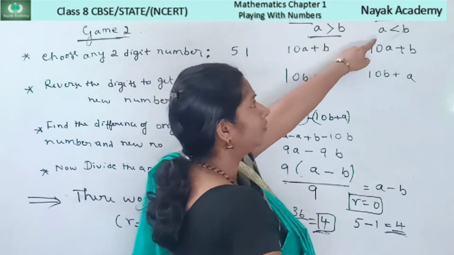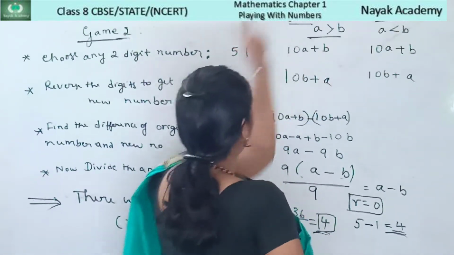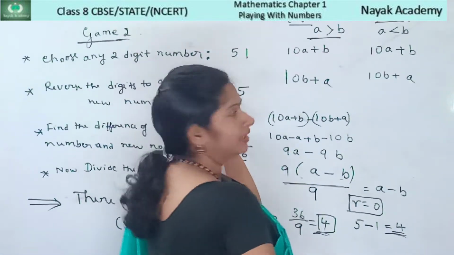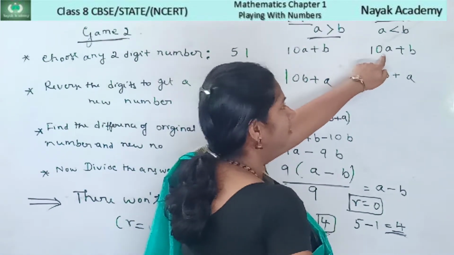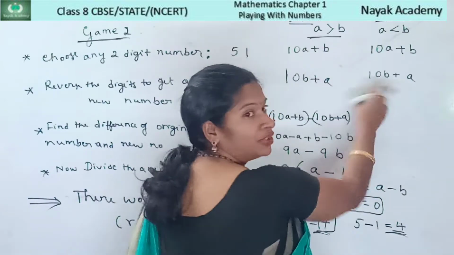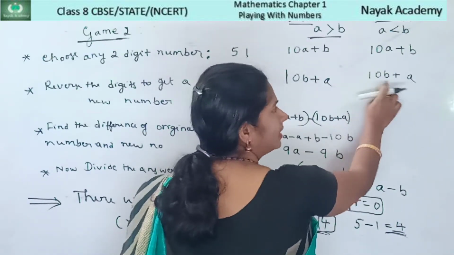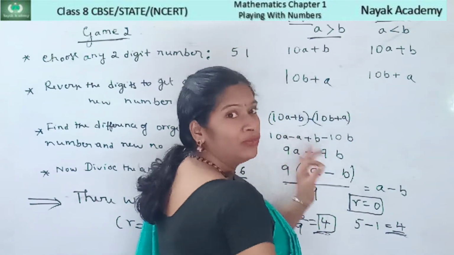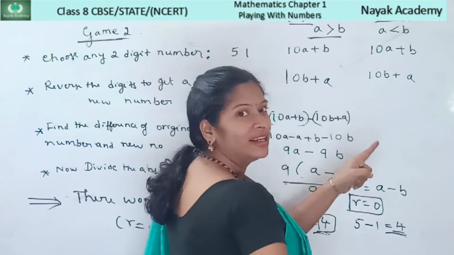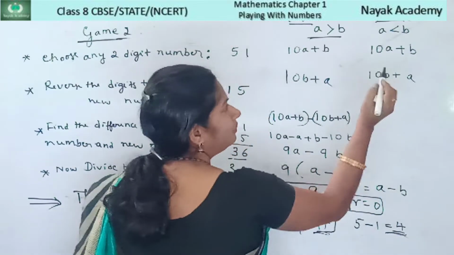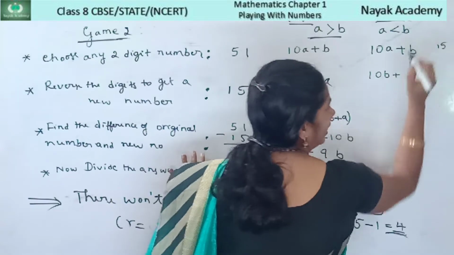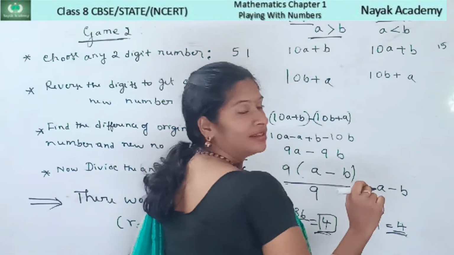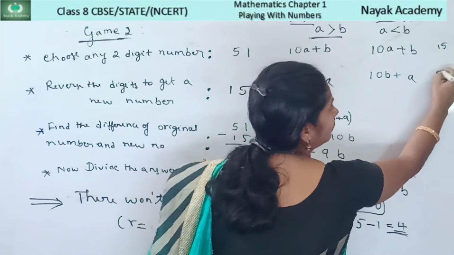Now case 2, if a is less than b. Now if you choose the number as 15, then what happens? The two-digit number is 10a plus b, and if you reverse the digits, then the number is 10b plus a. Now always we have to subtract the smaller number from the bigger number. If you choose the number as 15, then if you reverse the digits, it becomes 51.